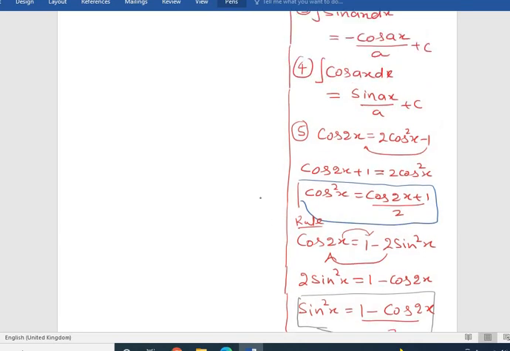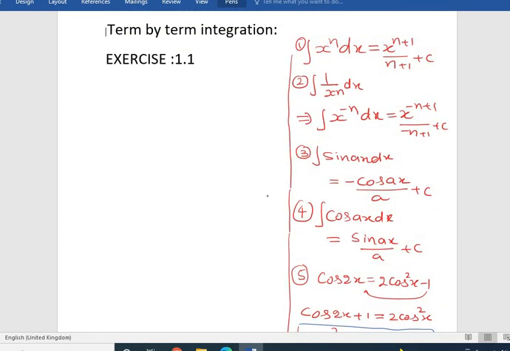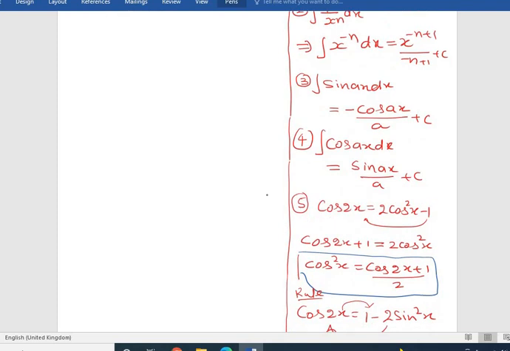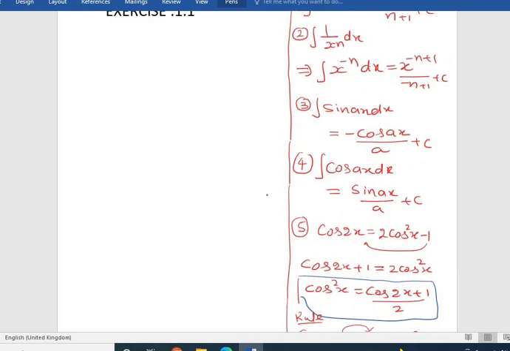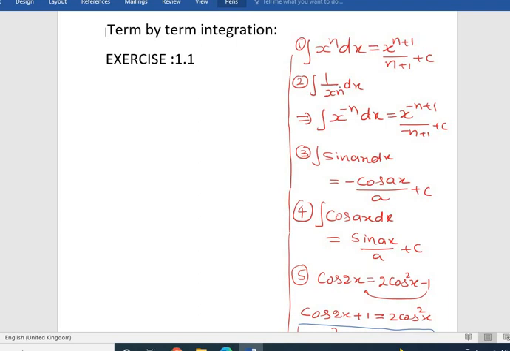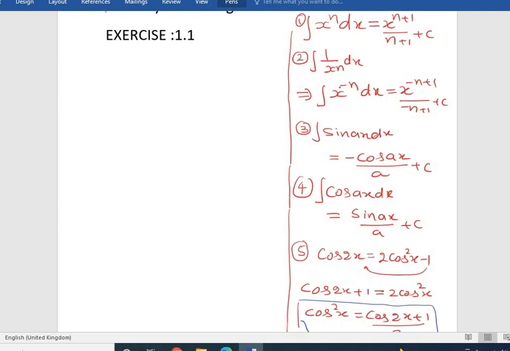Now, I am going to explain by picking a few examples given in the handout. Before starting, I am telling you again that there is one more trigonometrical rule: 1 plus tan square x is equal to sec square x.